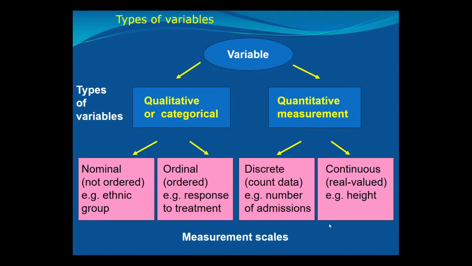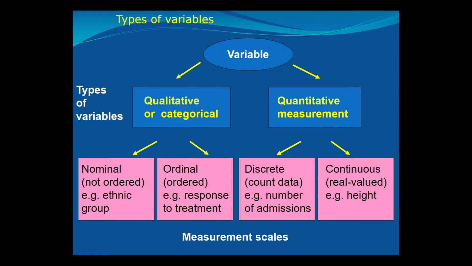Let's look at the types of variables. Before we start any type of statistical analysis, we should understand which variable should be studied, which variable should be analyzed. All variables are divided into two subgroups: qualitative or categorical variables and quantitative variables.